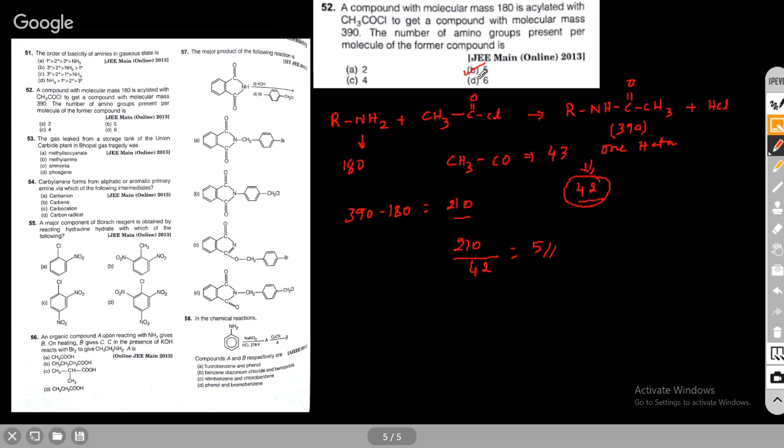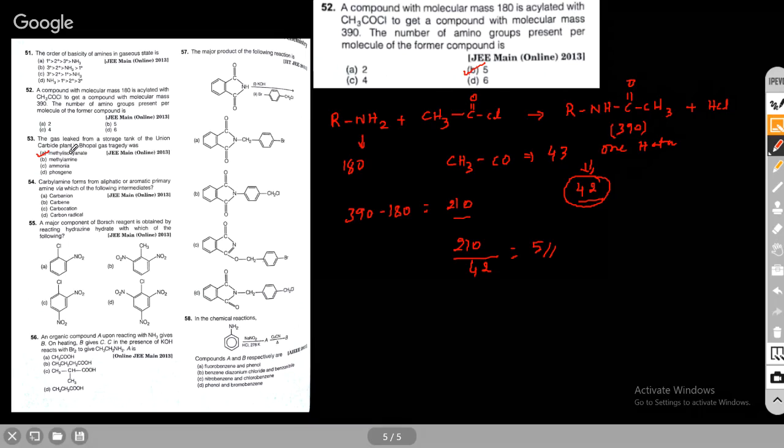Is it clear? 53 is A, methyl isocyanate.